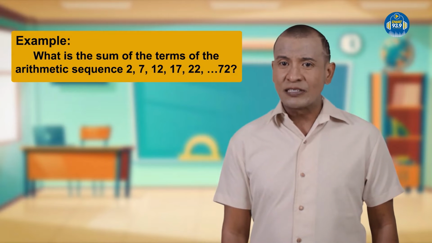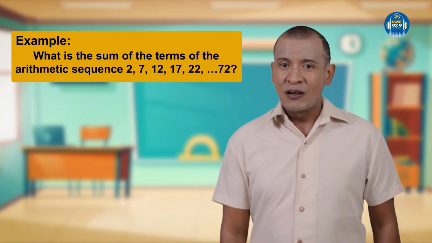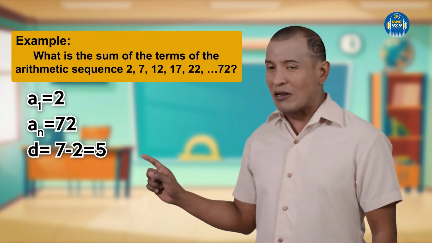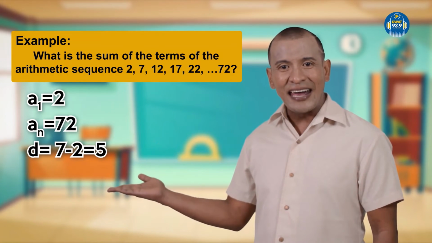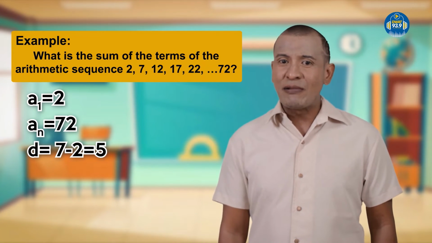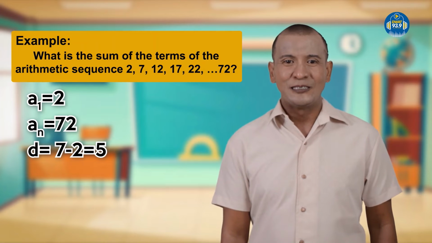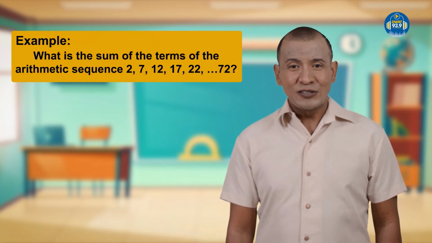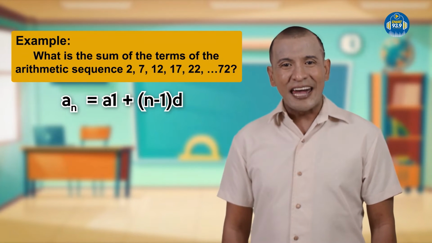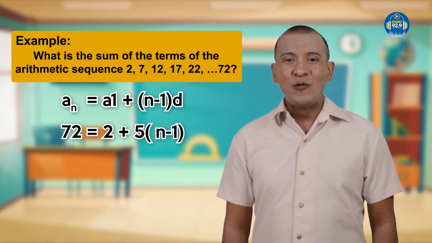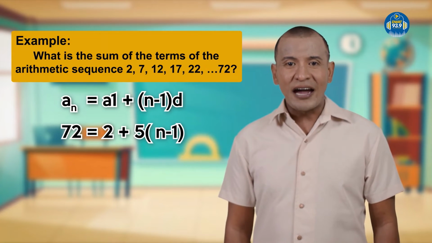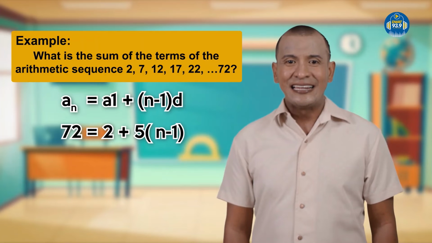Since the number of terms in the sequence is not given, we need to solve for it. So, a sub 1 equals 2, a sub n equals 72, then solving for d, we have 7 minus 2 equals 5. So, using the formula a sub n equals a sub 1 plus n minus 1 times d, we have 72 equals 2 plus 5 times n minus 1.